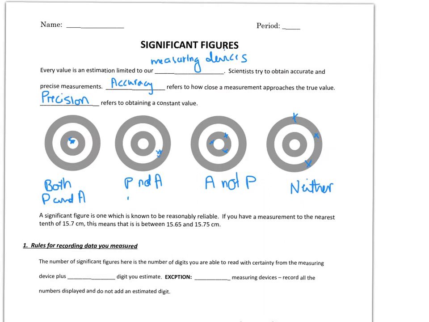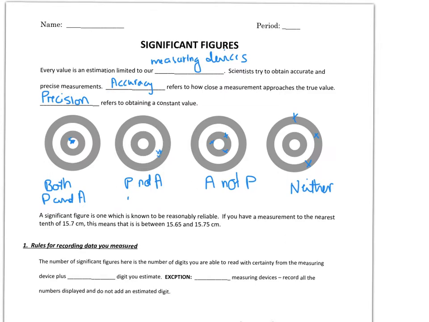We need to know 3 sets of rules, 3 things that we would use sig figs for in the lab. The first thing is rules for recording data you measured. If I send you to the lab and ask you to measure some things, you need to record your data with the correct number of significant digits. Number 2, you need to be able to do calculations and record your answer with the correct number of sig figs.